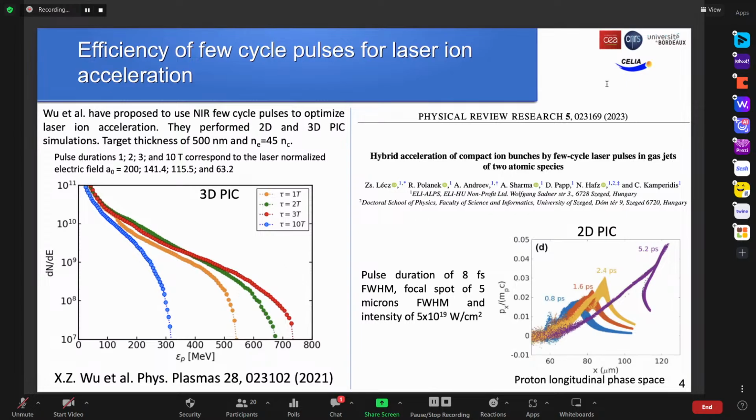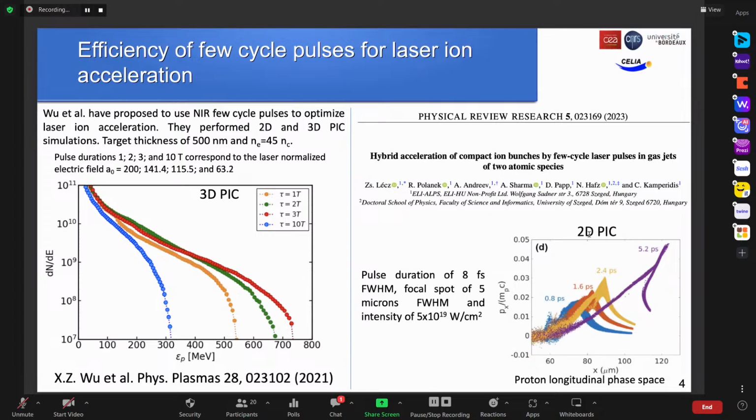And more recently, this is a PR article from 2023, LPHYS et al. published an interesting study where they looked at the interaction of few-cycle laser pulses. So here you have the parameters: 8 femtoseconds, at 5 × 10⁻⁹ watt per square centimeter, focused to 5 microns.